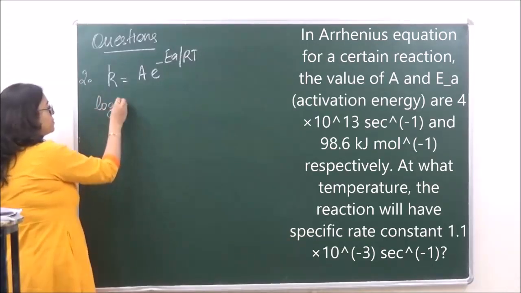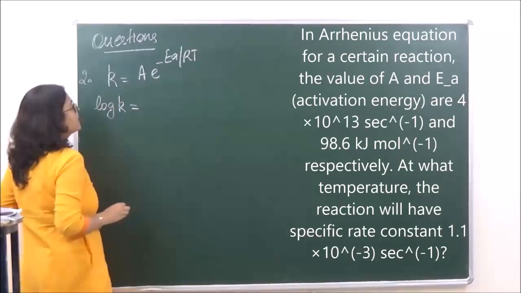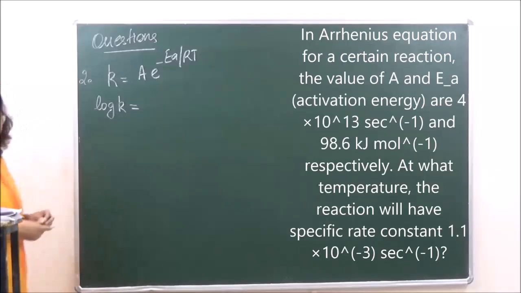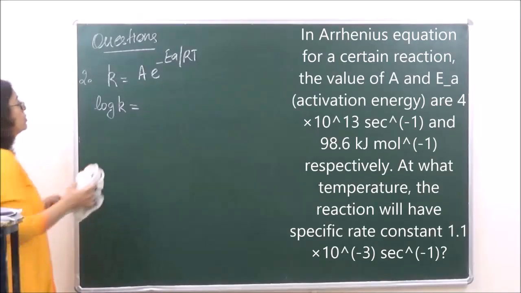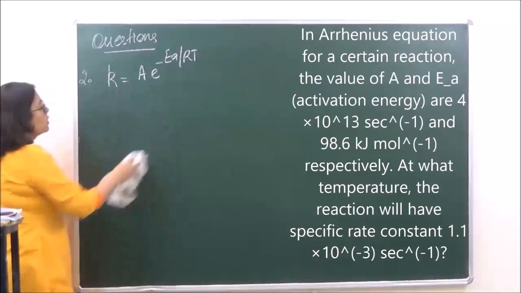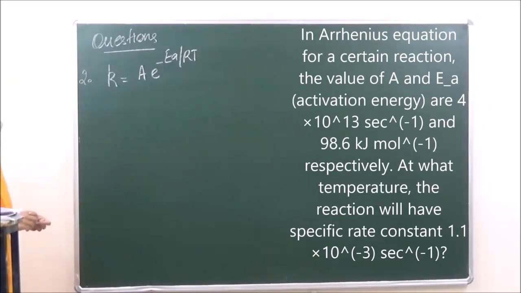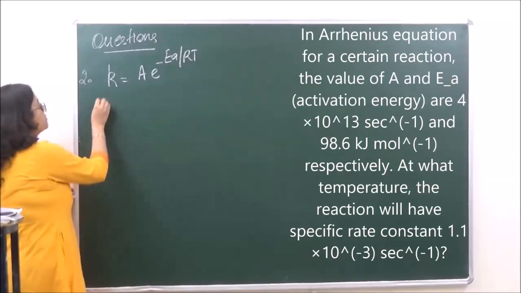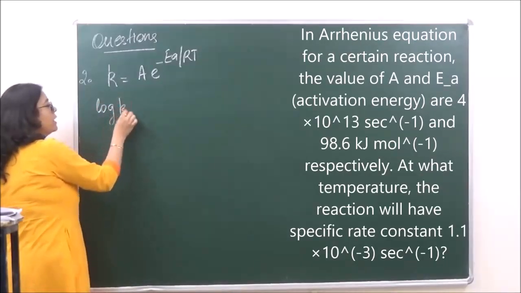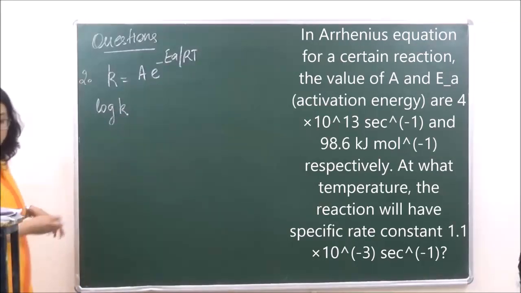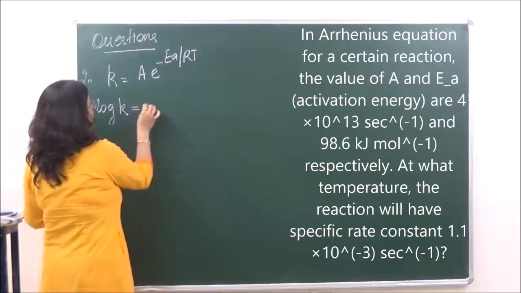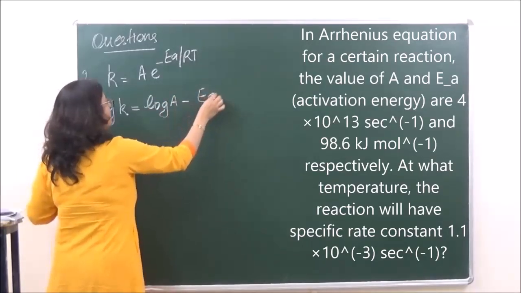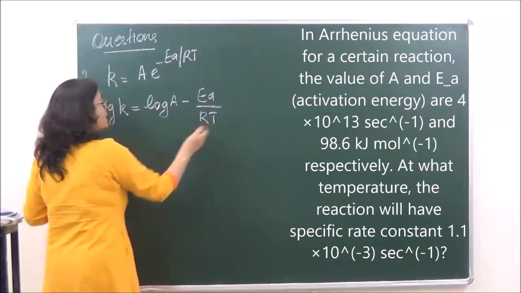Log of K is equal to, because we are converting the natural log into base 10 log, what we have to do over here is multiply it with 2.303. So let's put in the first expression like we were putting. Log of K is equal to log of A minus EA upon RT.